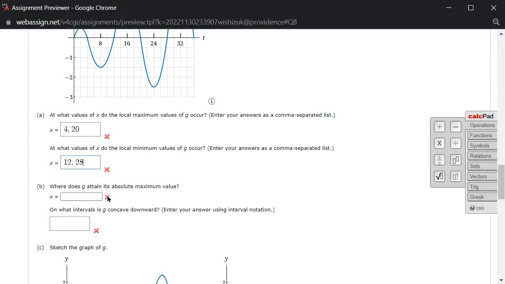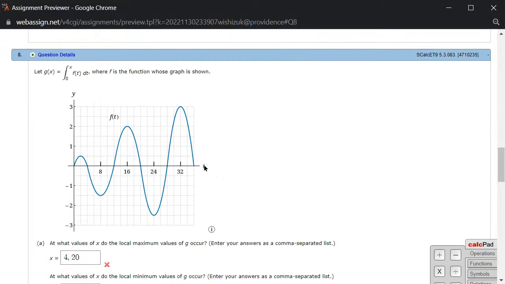And part B, where does g attain its absolute maximum value? This is going to be the net area starting from 0 to x. So 0 to x here is going to be negative, and if you go here, it's going to be a little bit negative.